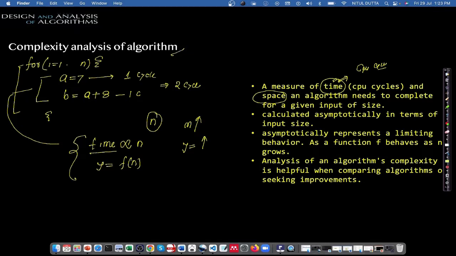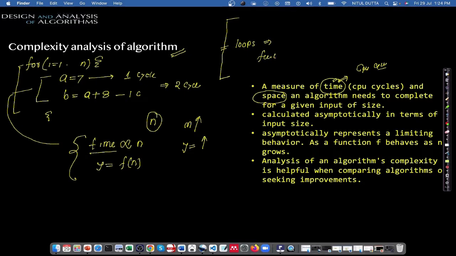In order to analyze the time complexity of the algorithm, we have to analyze the entire algorithm. We have to look for the loops available, and for function calls or recursive function calls.